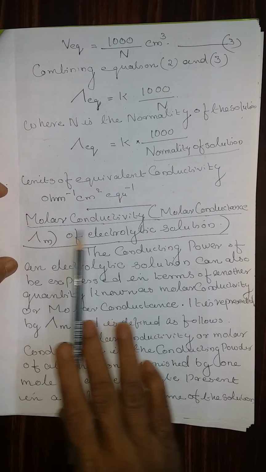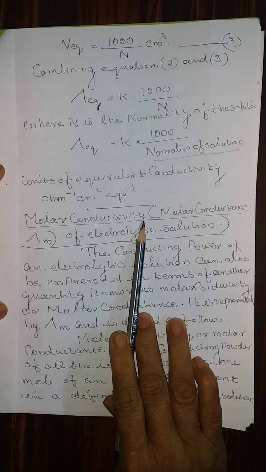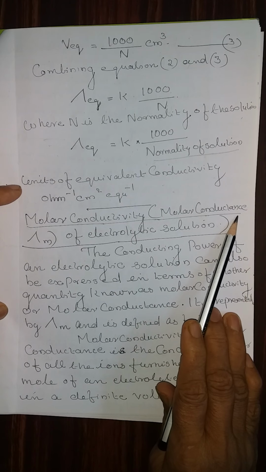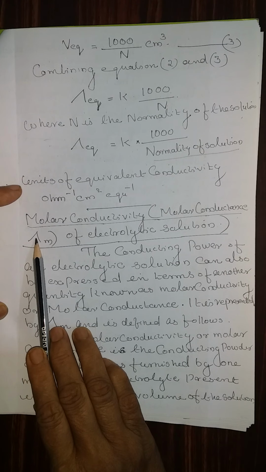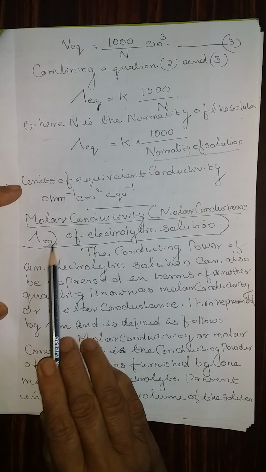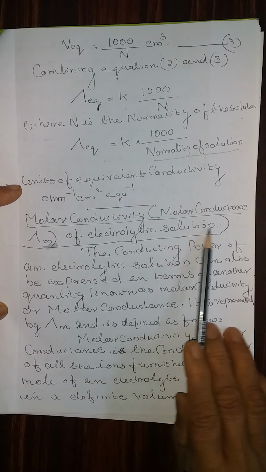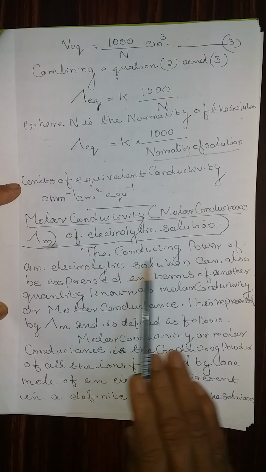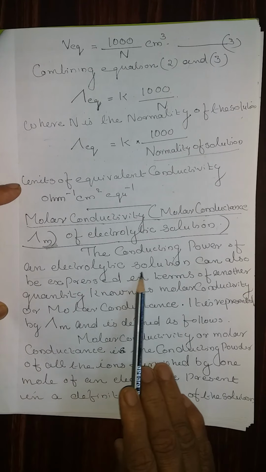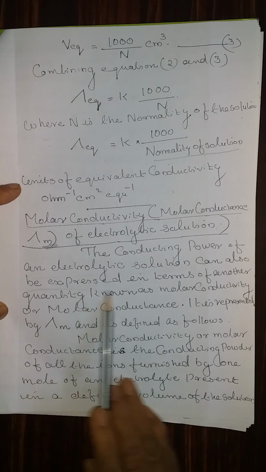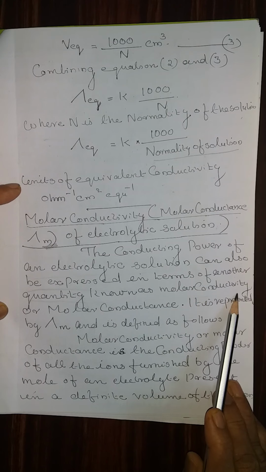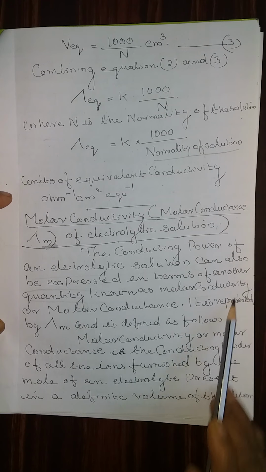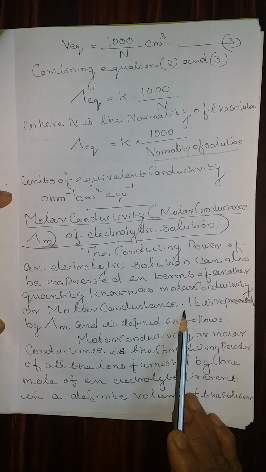Similarly, molar conductivity, another term, molar conductance, which can be represented as delta M, small m, of the electrolytic solution. The conducting power of an electrolytic solution can also be expressed in terms of another quantity known as molar conductivity or molar conductance.